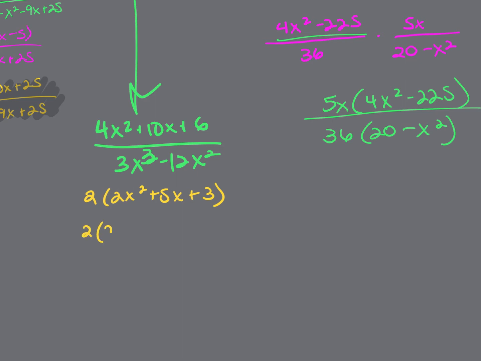So you can factor that further, 2 times x plus 1 times x plus 3. Bottom, you could take out a 3x squared and you get x minus 4. But nothing cancels. So if it canceled, you'd have to go further, but if it doesn't, you don't have to.